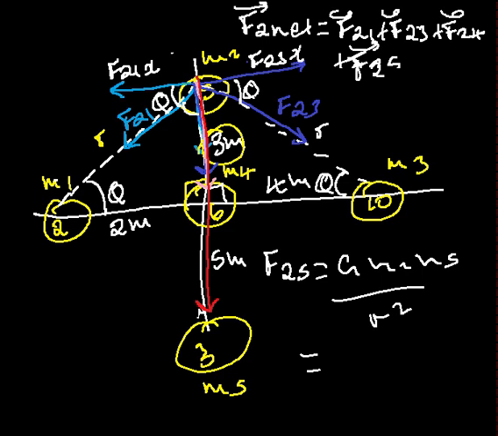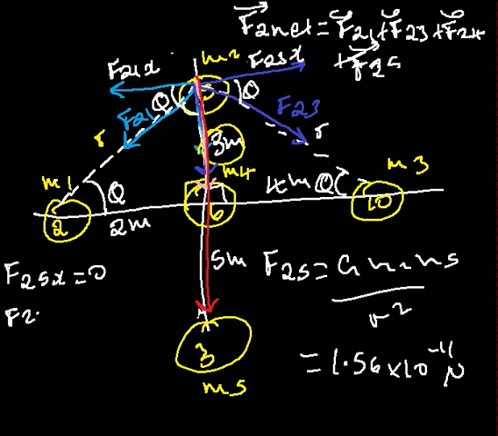Which means we have 1.56 times 10 to the power negative 11 newtons. Then if we think of resolving into components, F25x is 0 because the force is along the y-axis, and F25y is negative 1.56 times 10 to the power negative 11 newtons.